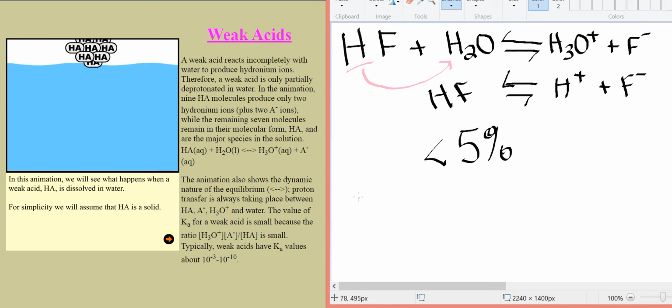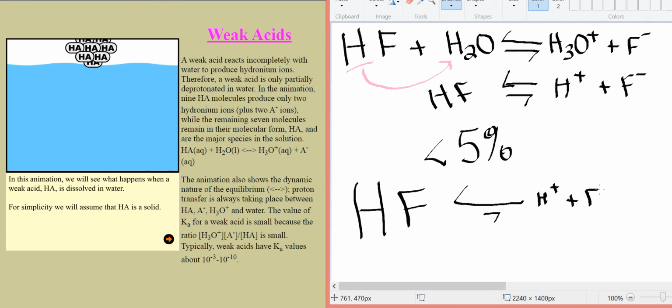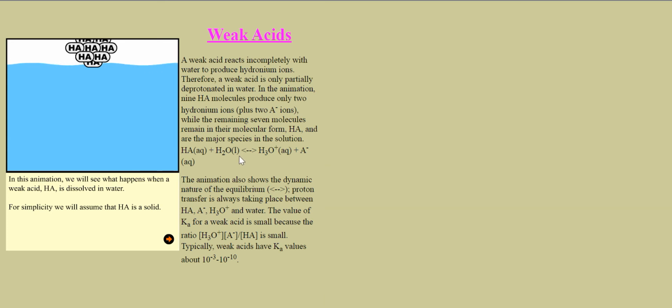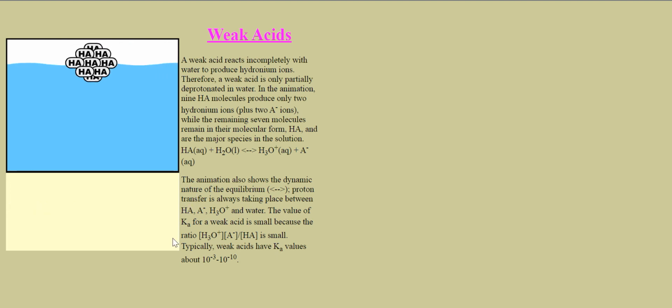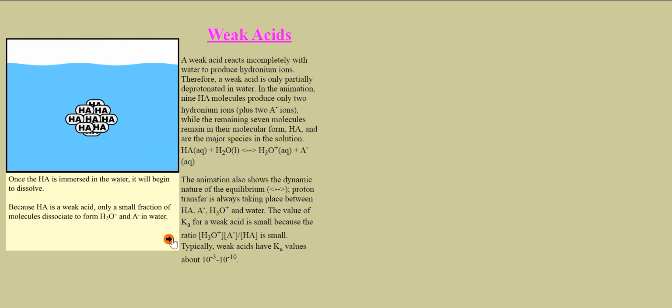The other way you can visualize it is a weak acid tends to stay intact, and so it likes to be on this side, whereas it dissolves but not as much. So if I draw it tinier, it shows you a visual representation of how much dissolves versus how much stays intact. Let's go ahead and look at the animation. Once the HA, the weak acid, is immersed in the water, it will begin to dissolve.